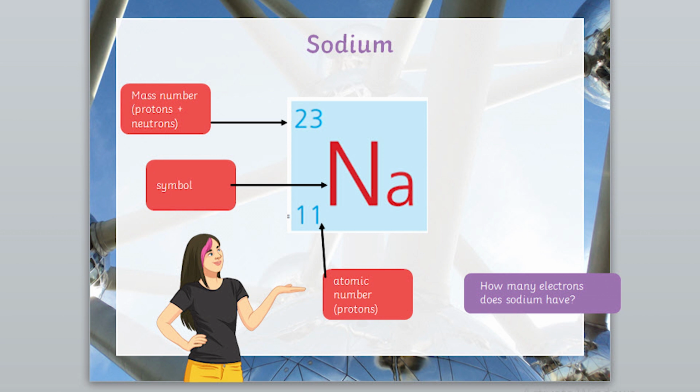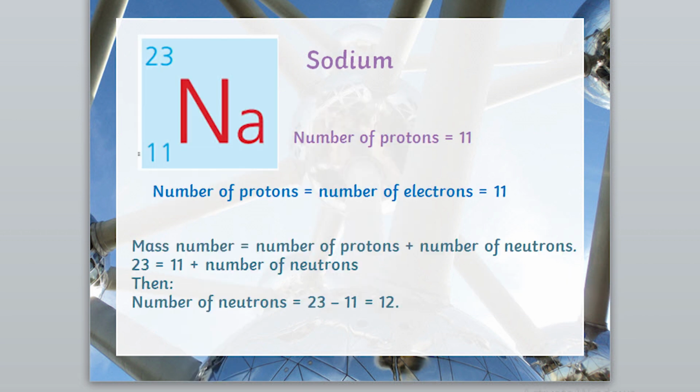In front of me, the nucleus representation of sodium. Na is the symbol of sodium. 11 is its atomic number, and 23 is its mass number. From these two numbers, I'm able to know the number of all subatomic particles inside a sodium atom. The atomic number is the number of protons inside the nucleus.